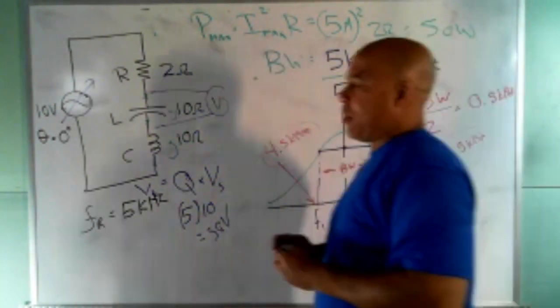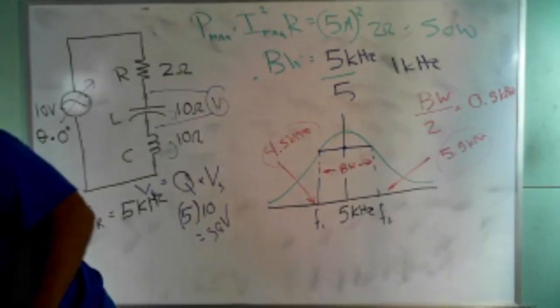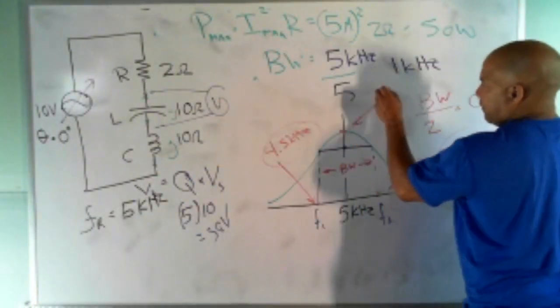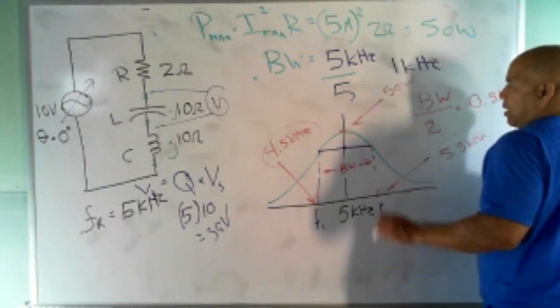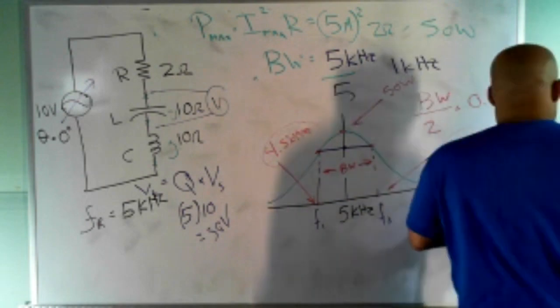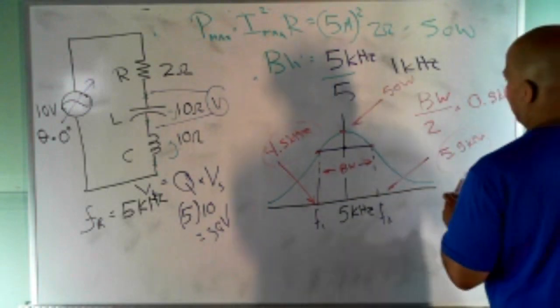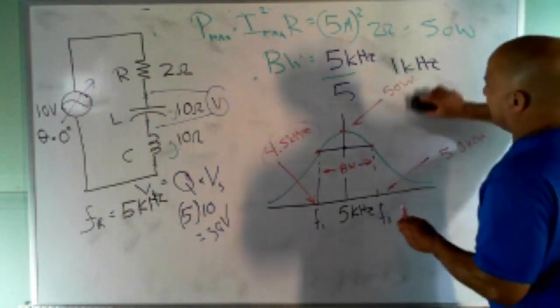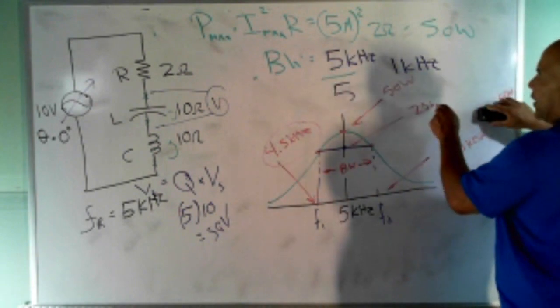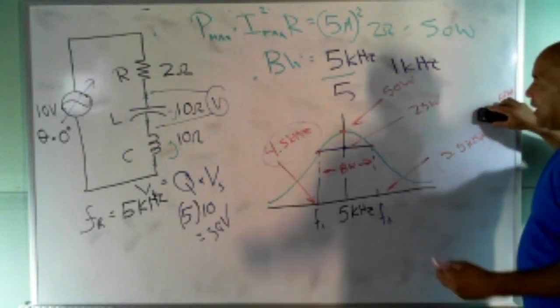So at that top point right here, I have 50 watts. But they want to know the power at this point and this point. Well, that's the half power point, so it's going to be half of 50. At that half power point, the power is 25 watts. So that's easy to calculate.